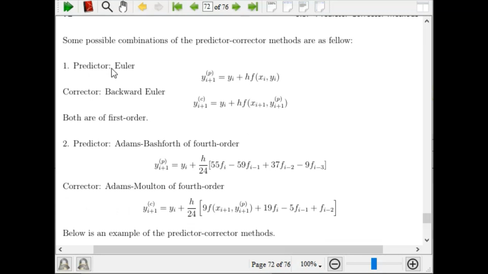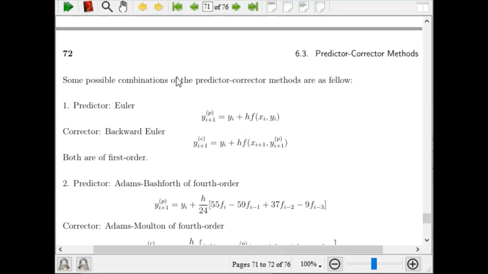For the predictor method, we are just giving some example combinations. When you are using Euler, first order, then you can use backward Euler as the corrector, which is also first order. You predict this, which is explicit, then you bring the value you find here to form the implicit solution.